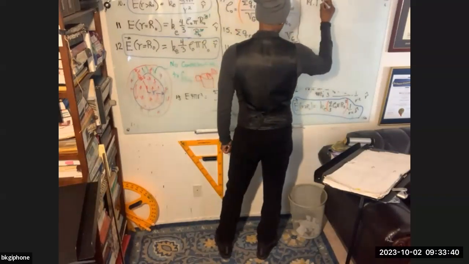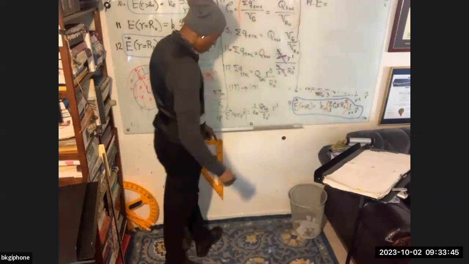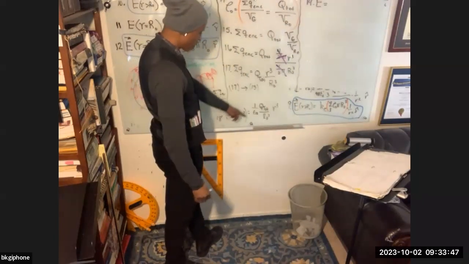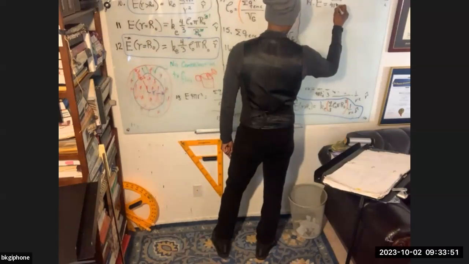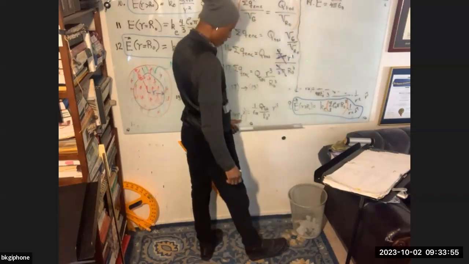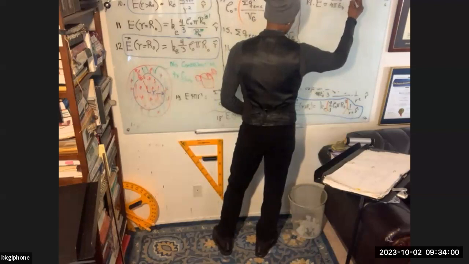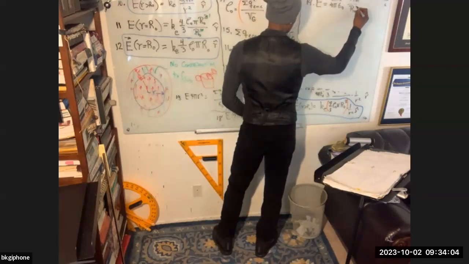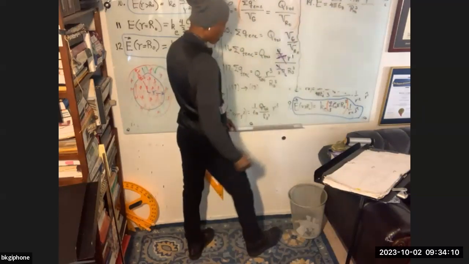So my E is going to be equal to a 1 over 4 pi. I'm going to put that with the epsilon naught. So 1 over 4 pi epsilon naught. I still have a 1 over r squared here when I divide it through. So over here, I'm going to have this Q total over r naught cubed is still there. Then I have the r cubed over r squared.